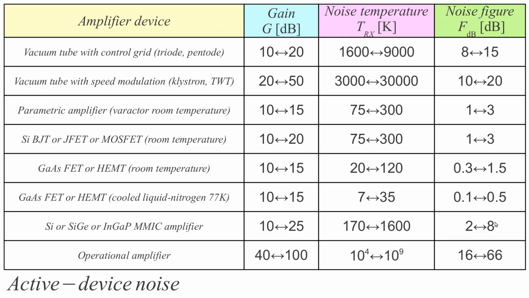Just to mention, the worst thing of all is to use an operational amplifier. Operational amplifiers have been optimized to have almost infinite input resistance, almost zero output resistance, and almost infinite gain. And what is the final result? An operational amplifier is extremely noisy. So operational amplifiers have a very large noise temperature, very large noise figures.